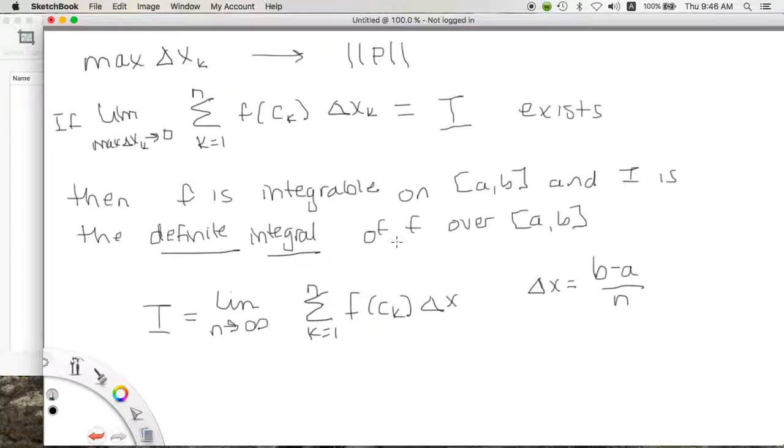All right, so how do we write all this in integral notation? Well, we have our limit, and what we write is this integral sign. We're taking the integral from a to b of f of x dx. So this is our function. It's called the integrand.